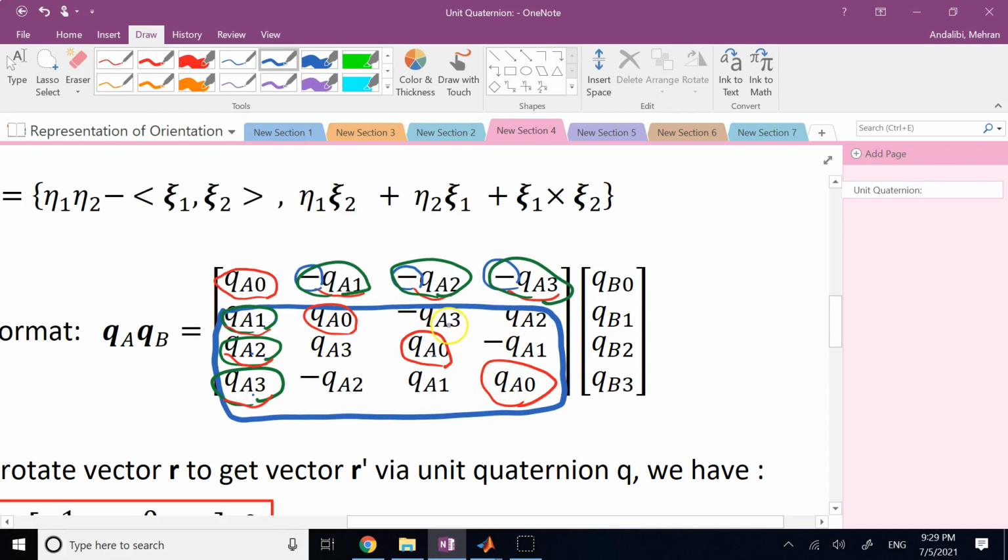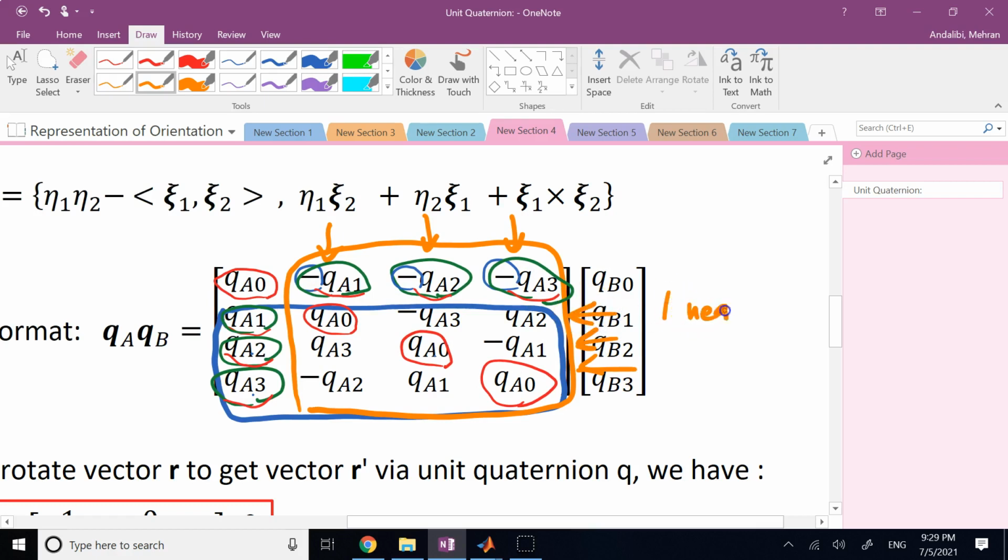So between this Q3A and Q2A, one of them has to be negative because these 2 are already positive. And which one goes there? That's another thing that you have to look at. And there is another rule here also. If you look at the second column all the way to the third column, in each column there are two negative elements. But as I said, in each row there is only one negative element.